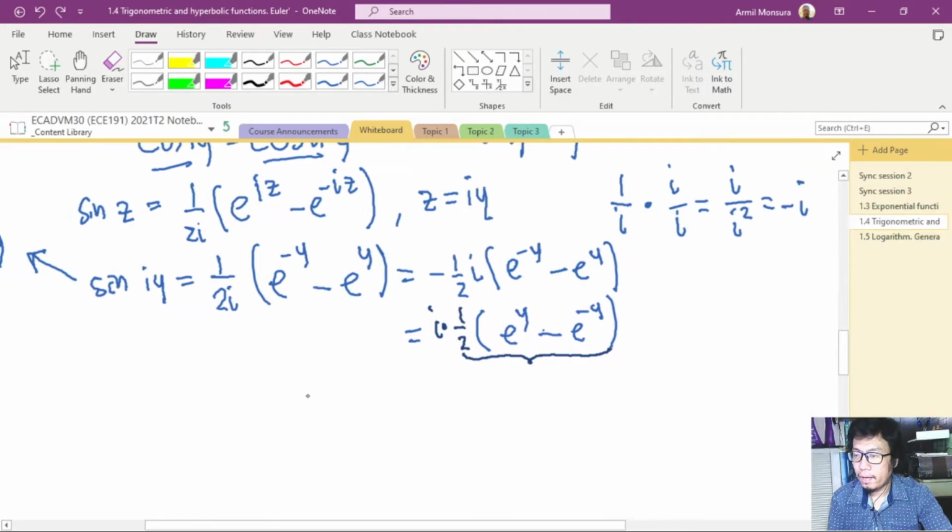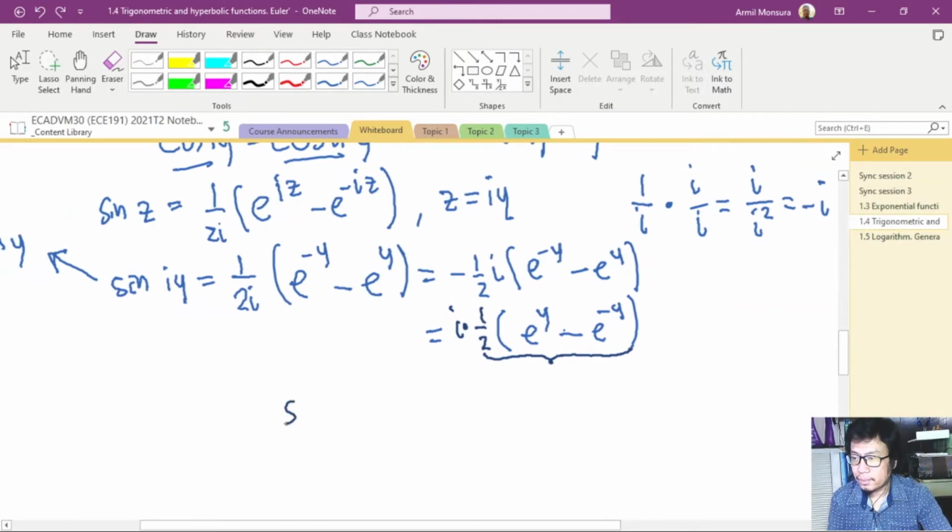We will have sine of iy equals i, this i, and then the rest of the term is hyperbolic sine of y. And we can now evaluate what is hyperbolic sine of y because hyperbolic sine now takes a real number.